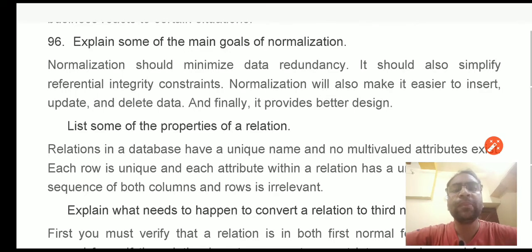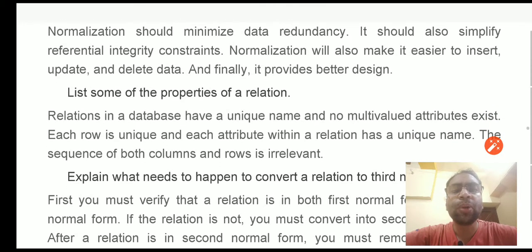It should also simplify referential integrity constraints, and it will make it easier to insert, update, and delete data. And finally, it provides a better design. Whenever the tables are in normal form, the database will be in a consistent form. So the major goal of normalization is reducing data redundancy.